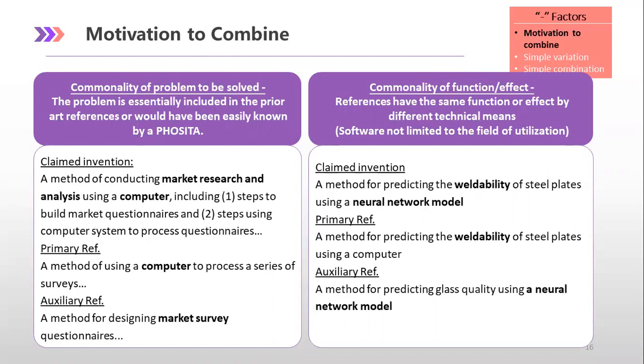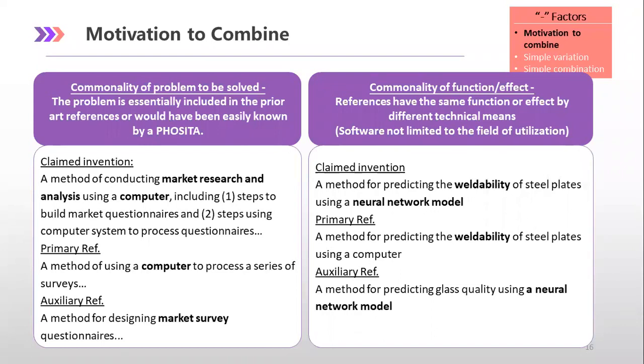Motivation to combine prior references may happen when the references have commonality of functions or effect. In the case on the right, the claimed invention uses a trained convolutional neural network model to predict the weldability of steel plates. Now, weldability refers to the ability of a metal to join another metal in the presence of heat.